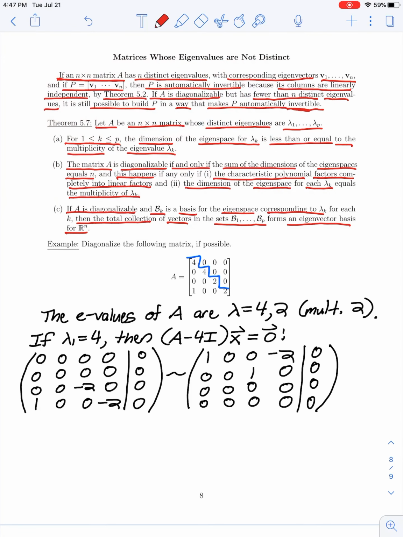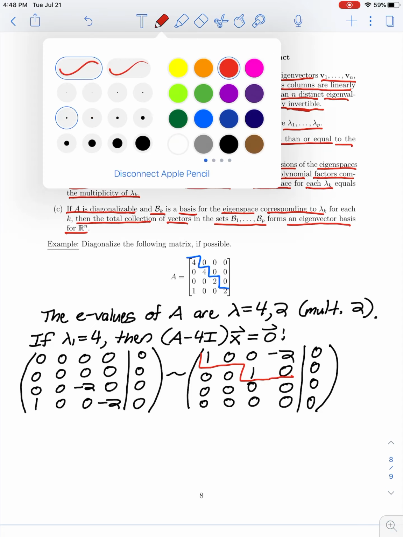So we have, for this matrix, 2 pivot columns and 2 non-pivot columns. So here, x2 and x4 are free variables. Using the second row of this augmented matrix, we see 1x3 is equal to 0. And using our first row, 1x1 is equal to 2x4.